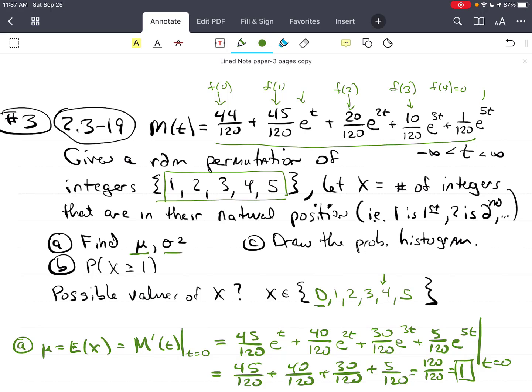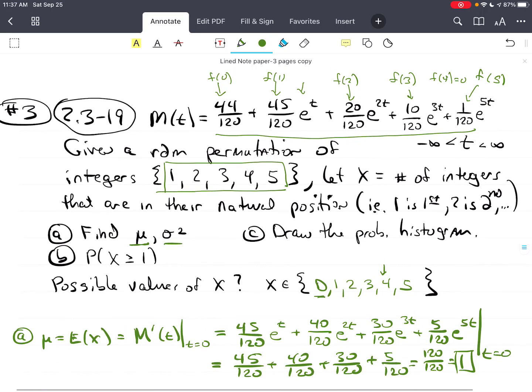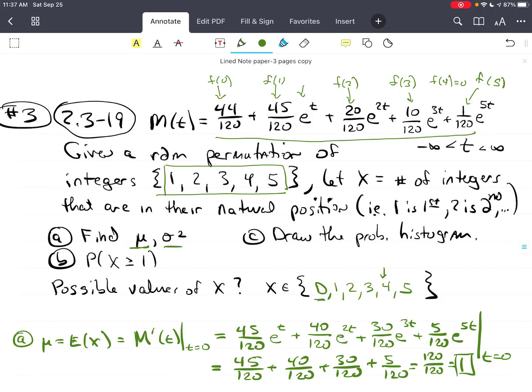Undo. Okay. So this will be f of 5. So I can use this to make the PMF.